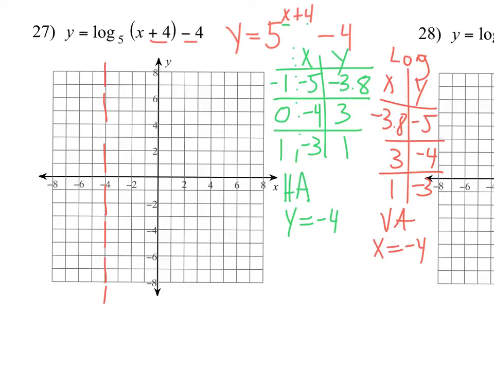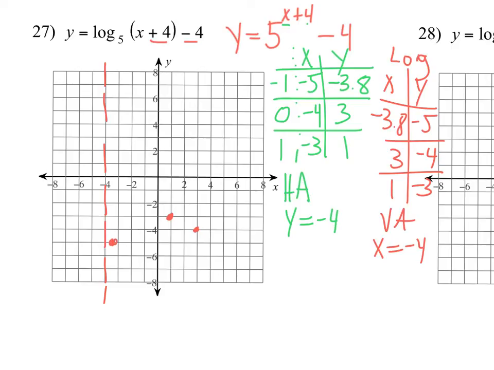Plugging these points in, we get 1, -3, 3, -4, and we're going to have -3.8, -5. One of these is not like the other.